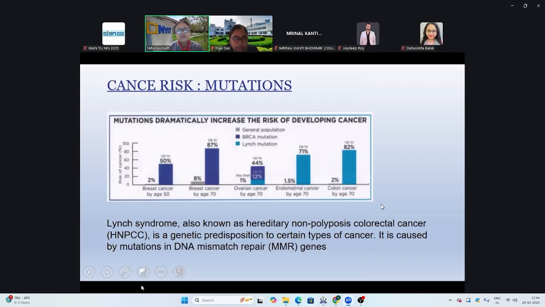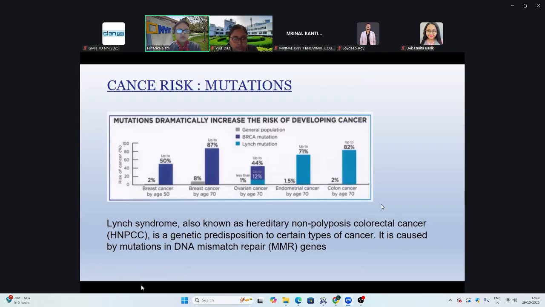In cancer risk, we said that again, genetic is a factor. So again, one more time, mutations. This is a fairly old graph, but it is just showing you that if there is a mutation, then the chances of developing the cancer compared to the general population goes up a lot.